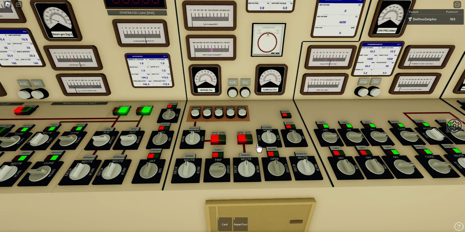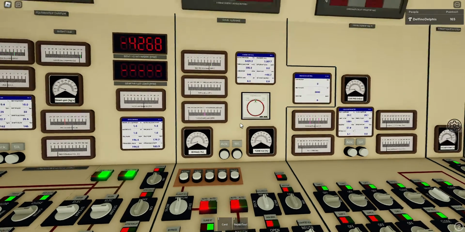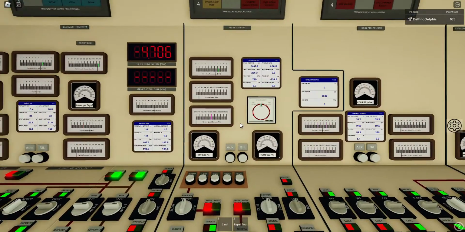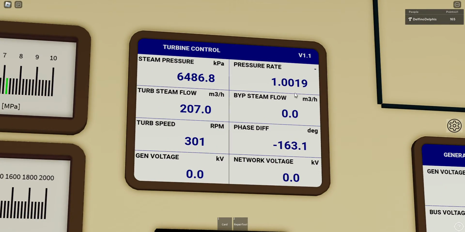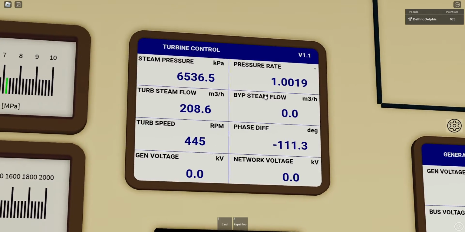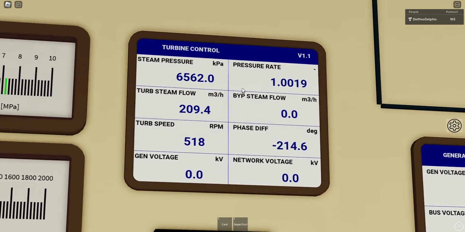So this is turbine starter. I will open this coarse valve maybe to 10%. And let's look at our pressure rate. It's close to 1, just a little over, so the pressure is rising still.